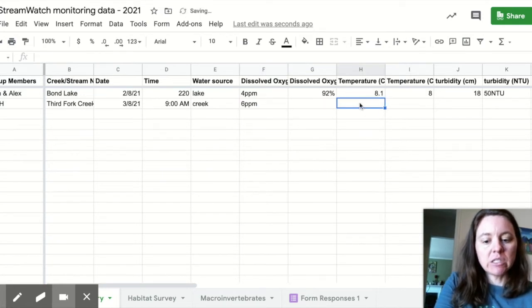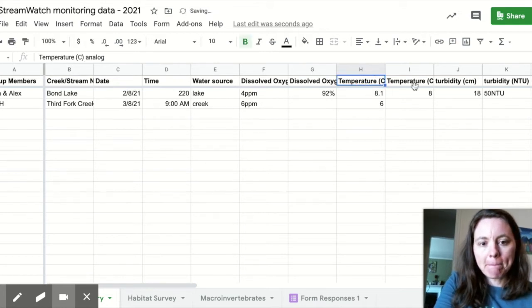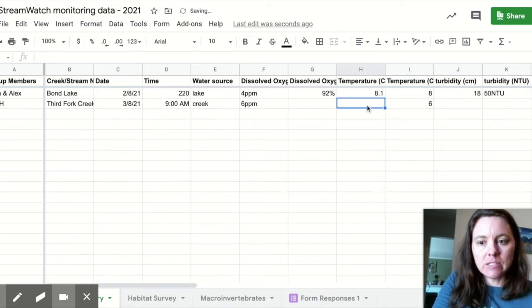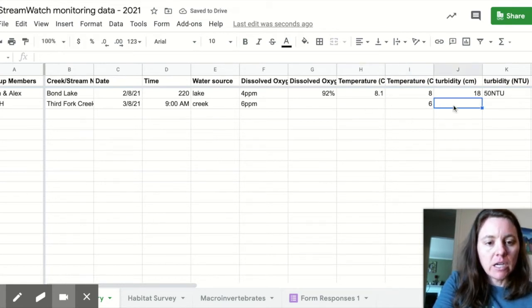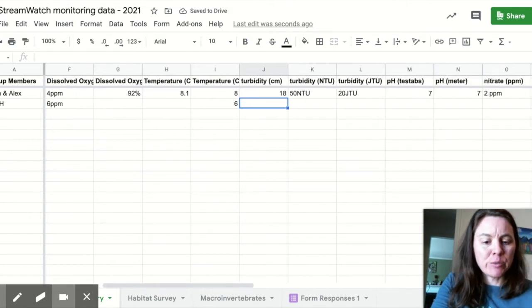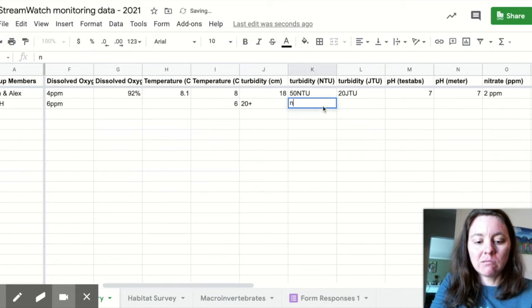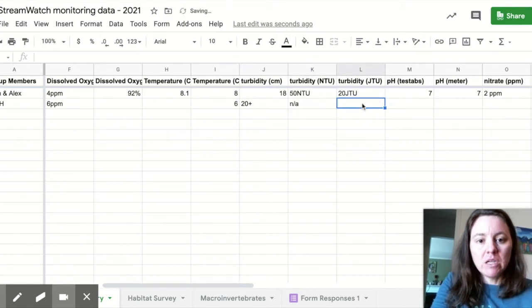The temperature in Celsius, we said, was 6. I didn't measure it in digital or in analog. My turbidity in centimeters was 20 plus. So we said that was not applicable.